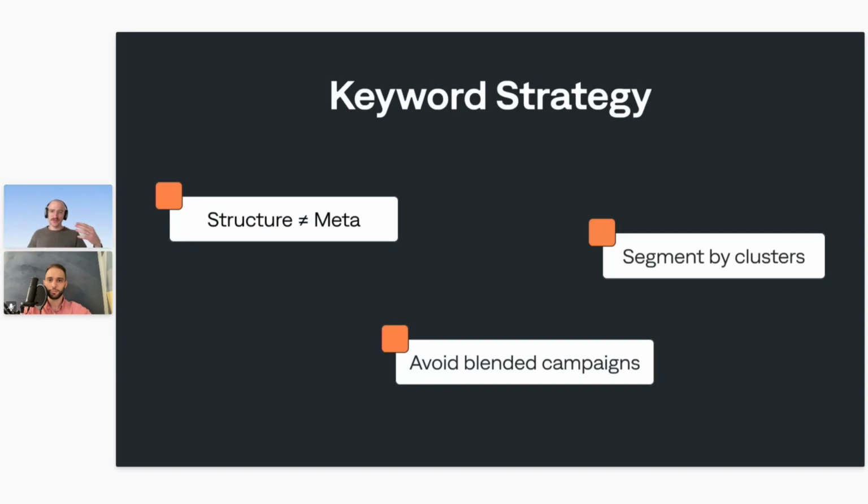In Apple Ads, you need to do the opposite. You need to segment the keywords as much as you can. And this is the thing that works absolutely the best.